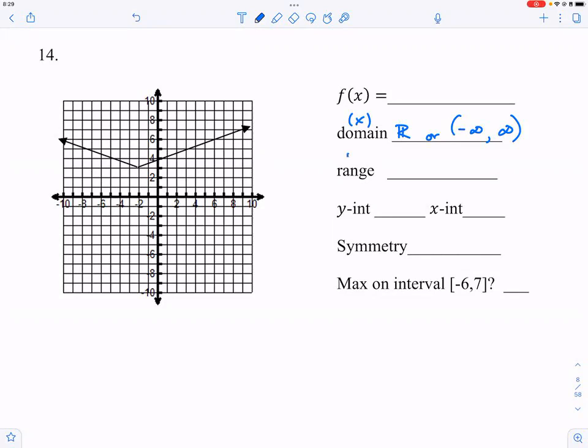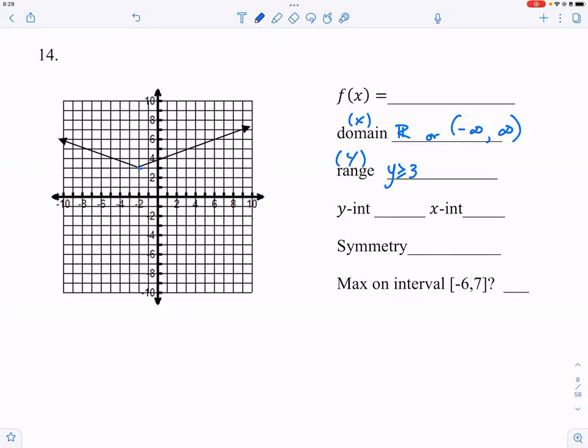For the range, which addresses the y value, if you look at the graph, the y value starts at 3. So it's going above 3. So what you can say is y is greater than or equal to 3, which is a reflection of the reality.